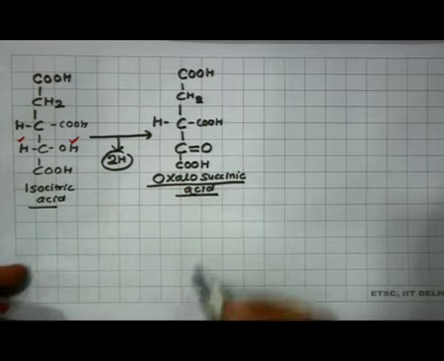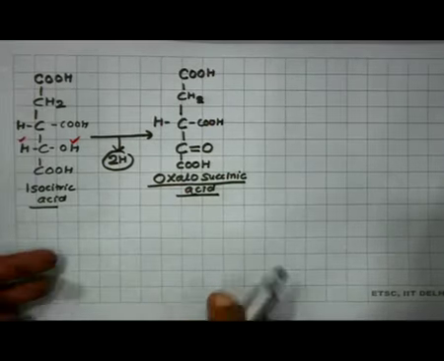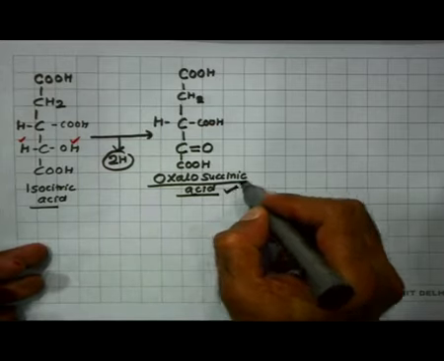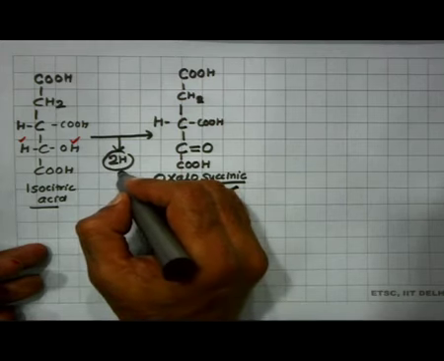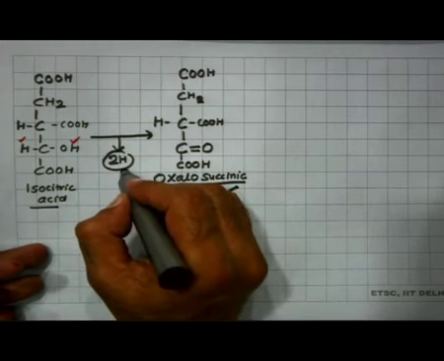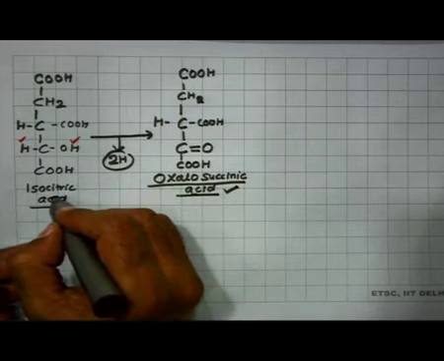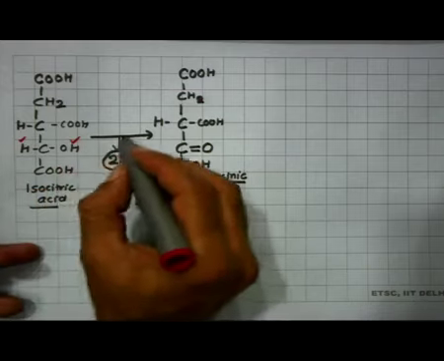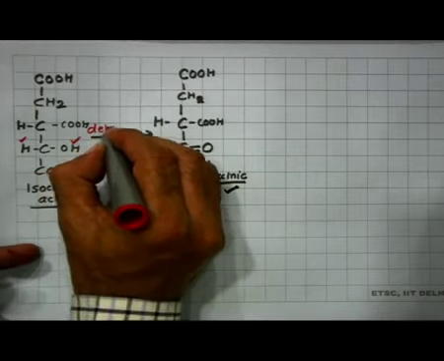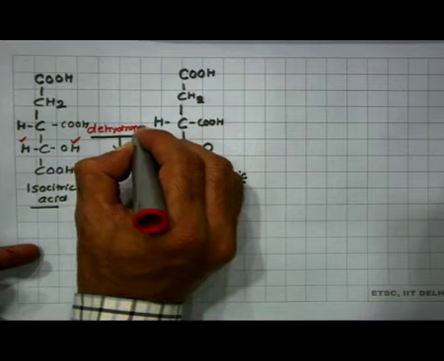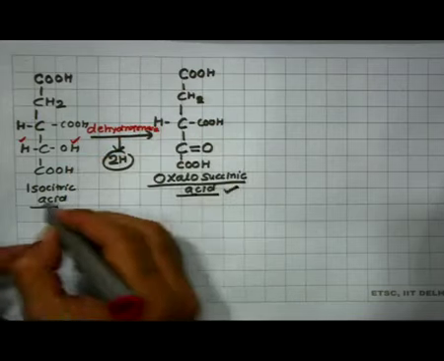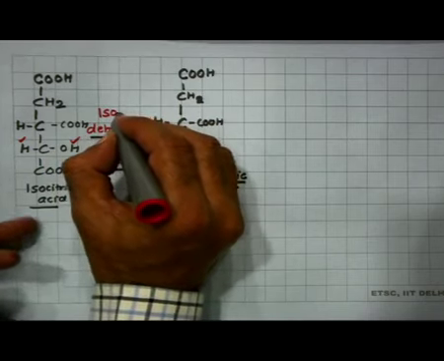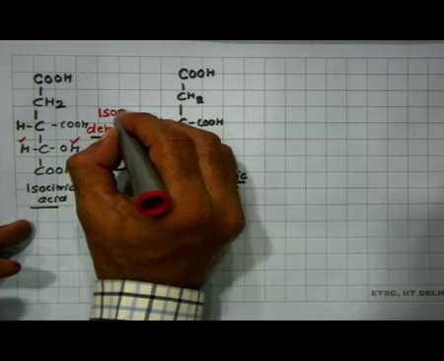So, without any problem you may write the formula of oxalosuccinic acid by knowing from where these 2 hydrogen are going to be removed. So, removal of hydrogen from the isocitric acid is called dehydrogenation. The enzyme involved here is dehydrogenase. This enzyme is involved with isocitric acid.